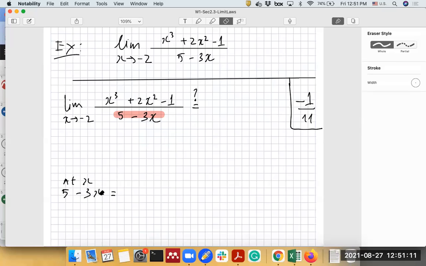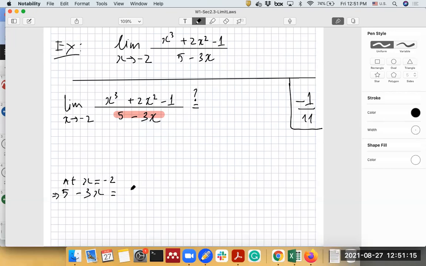At x equal to -2, this is 5 minus 3 times -2. And very good, you're right, it's -1. It's not 0, right? So this function is defined at -2. Very good. So which law should we use?